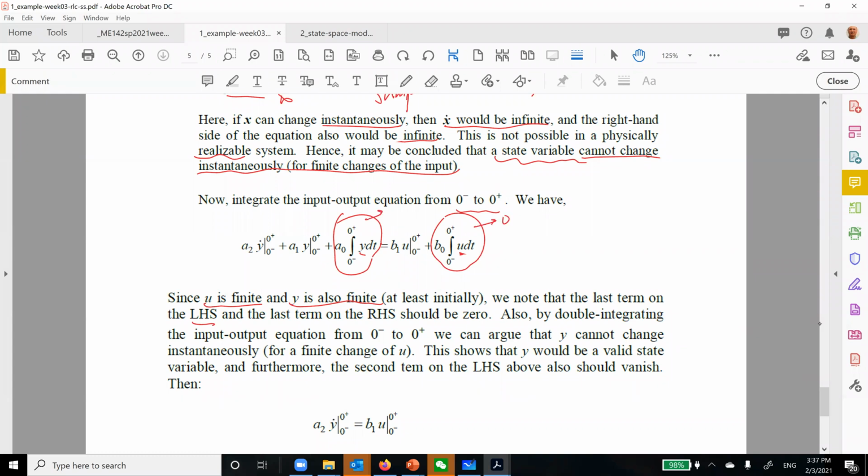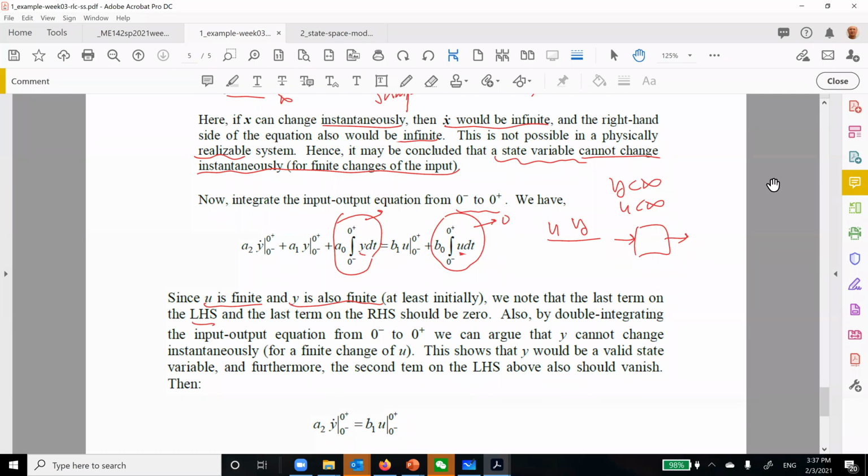The reason this should be 0 is because y and u will not go to infinity. You don't have an infinite jump. You don't have an infinite value. They are finite. Otherwise you have an infinite stimulation, or you have infinite output. That's already anti-physics. So y less than infinity, u less than infinity is a physical requirement for a system. I didn't say it's changing, I said it's its own value.